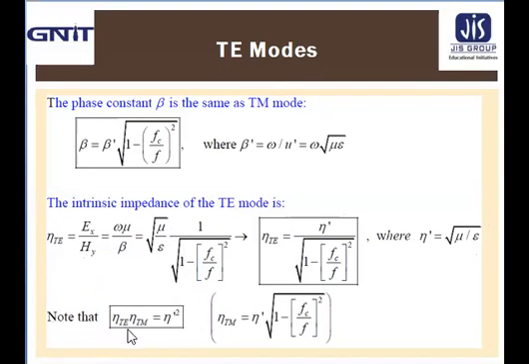Now, if we write eta TE into eta TM, that is equal to eta prime square, and we know that eta TM equal to eta prime root over 1 minus fc by f whole square.